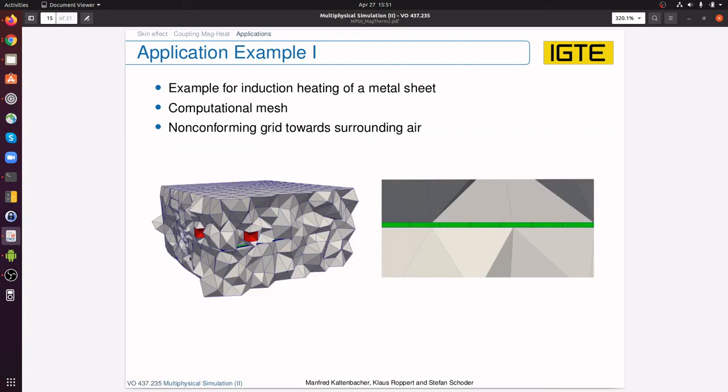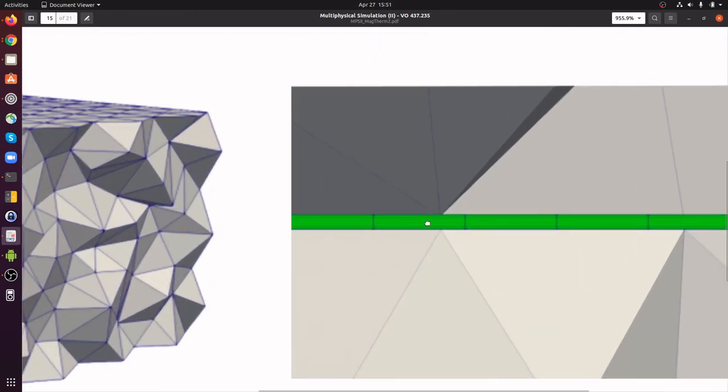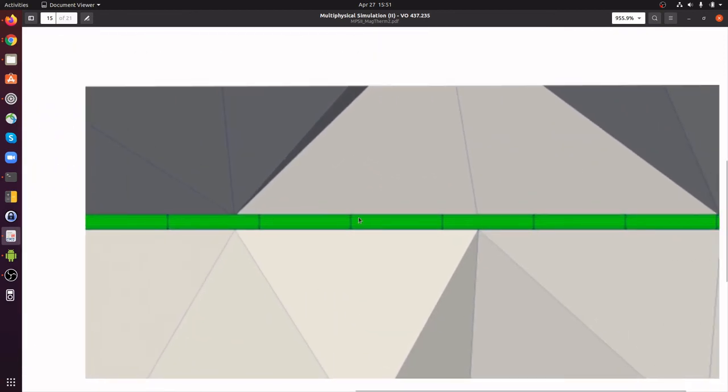Before that, here you can see, well, don't really see it that well, but you can imagine the green area here is the sheet, and it is discretized with, I don't know, in this case I think it was like 20 elements in thickness direction, and they're also refined towards both boundaries.